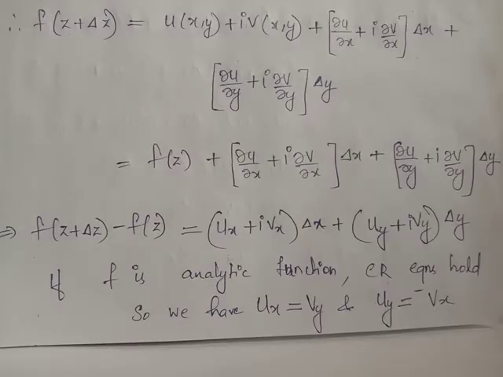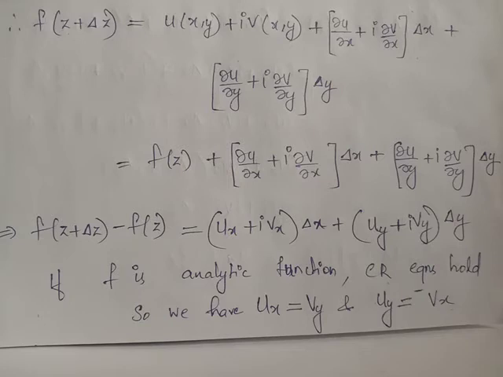We group terms of f of z plus delta z such that terms involving delta x are grouped, terms involving delta y are grouped, and the term independent of delta x and delta y is grouped. We thus obtain the term independent of delta x and delta y as u of xy plus i times v of xy. Grouping the terms containing delta x, we obtained dou u by dou x plus i times dou v by dou x. Grouping the terms containing only delta y, we obtained dou u by dou y plus i times dou v by dou y.